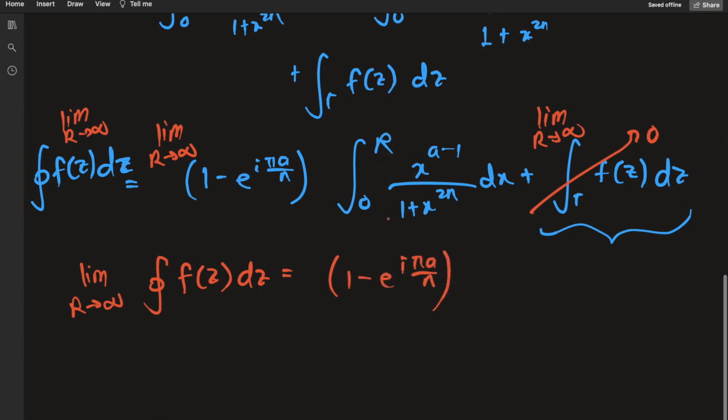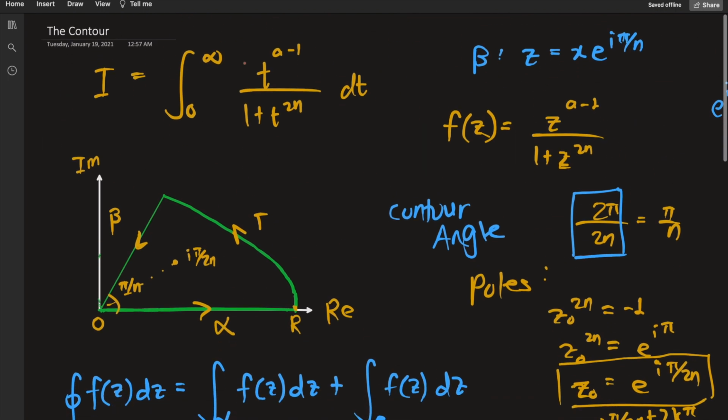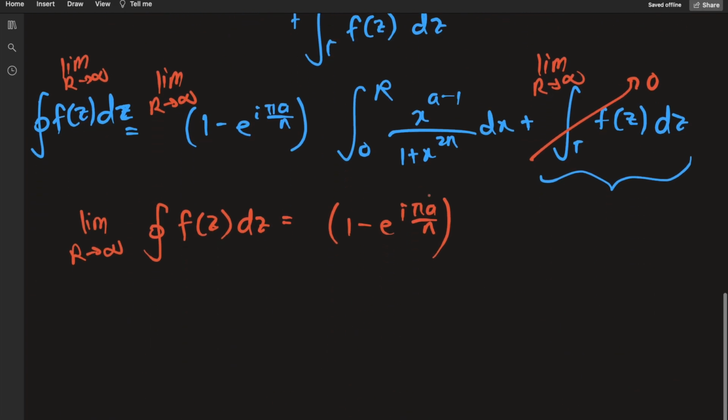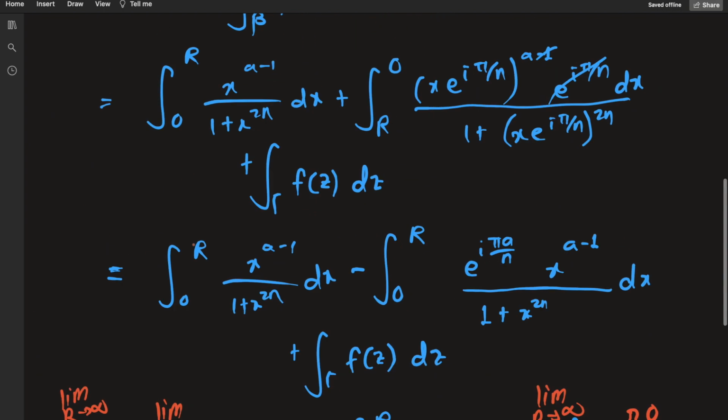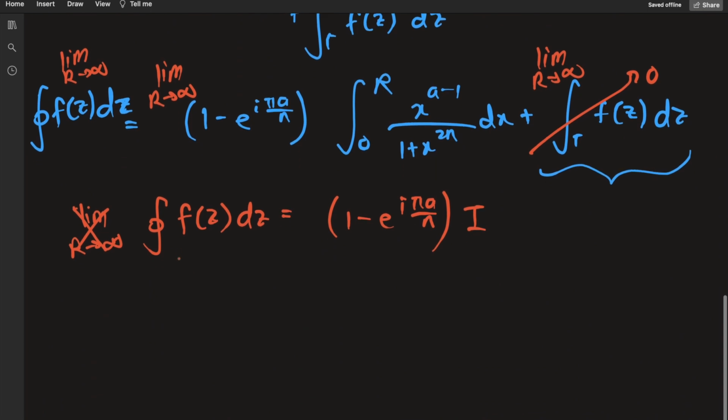The r will change to infinity. The integral from 0 to infinity of this f of x, which is precisely I. I've just changed the variable from t to x, which doesn't matter in definite integration. So this is just I. Now even if we don't write this as a limit as r goes to infinity, it's fine, because the contour will automatically get defined that way.